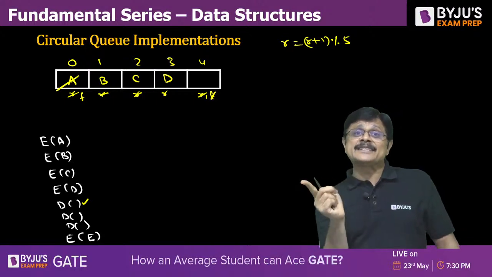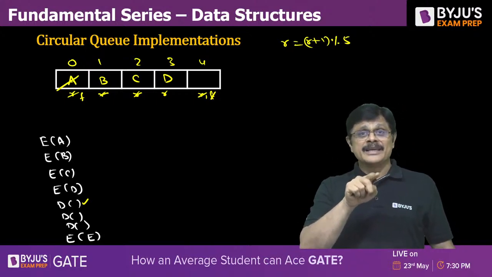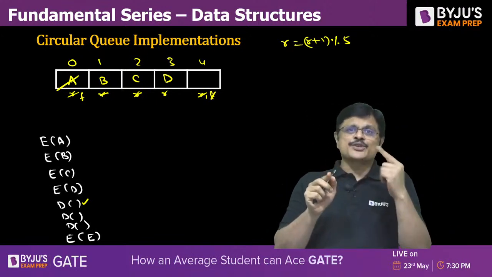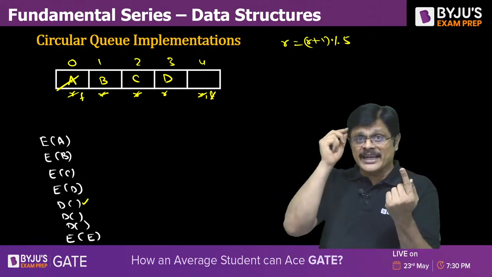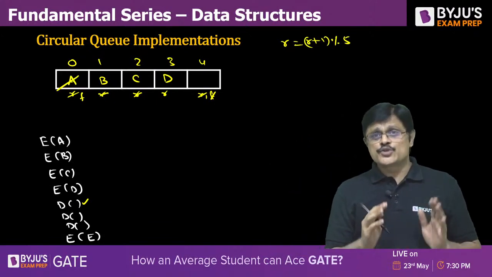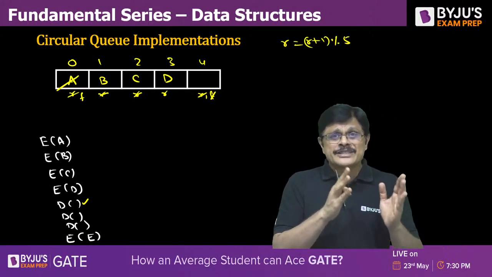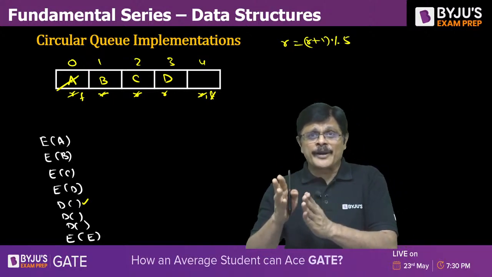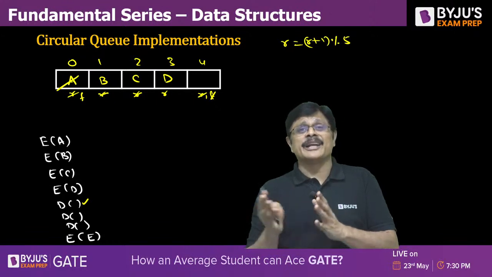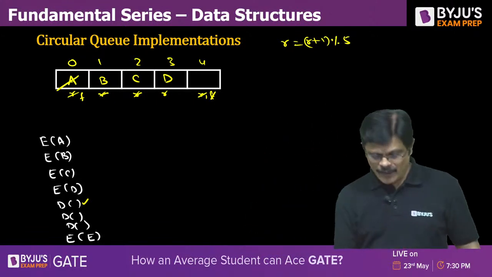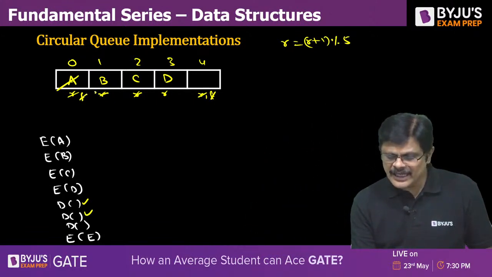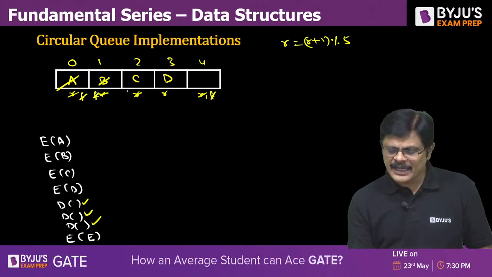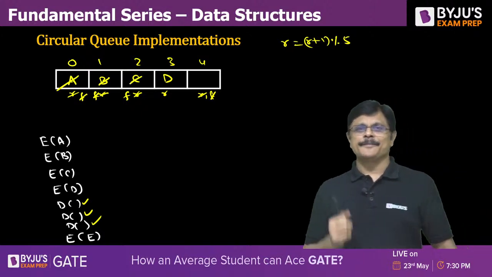Front is in the previous position, so front is at B now actually, but here we keep the front index one position to the left of the front element, so that you need to keep in mind, so that rear and front do similar types of operations for NQ as well as DQ. Now again you do DQ, increment front, return this element. Again you want to DQ, increment, return this element.